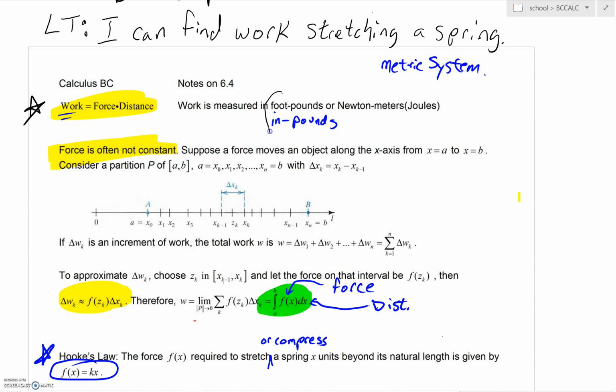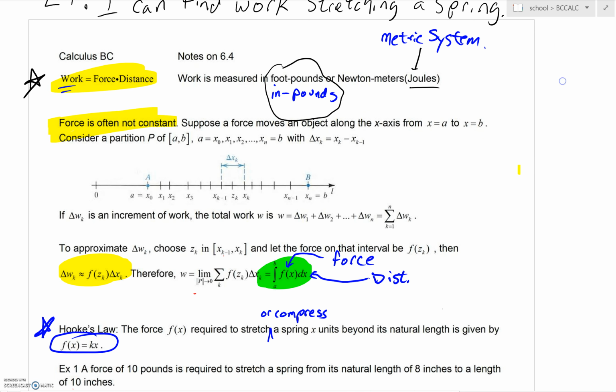In customary units, it will be in foot-pounds or in inch-pounds. In the metric system, we would calculate work to be in Newton meters. But a Newton meter is also referred to more simply as a joule. Joules.